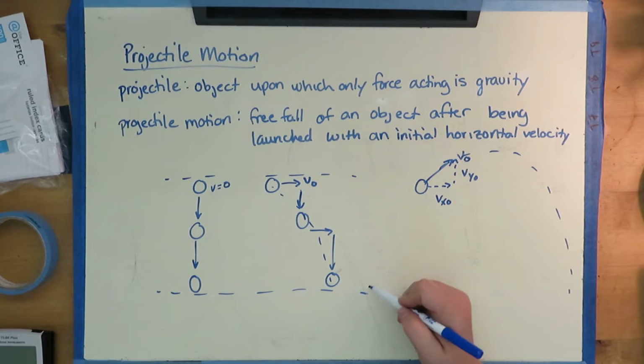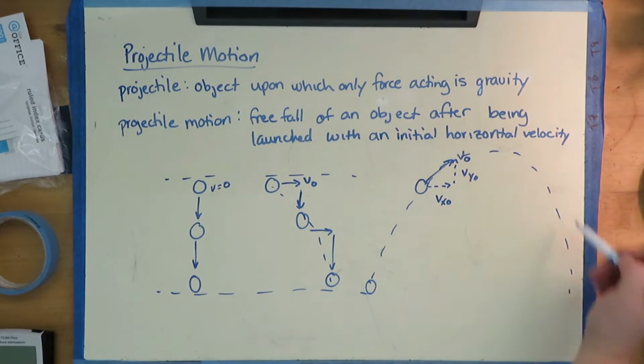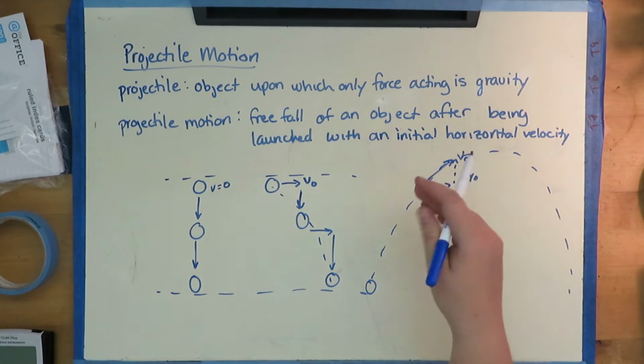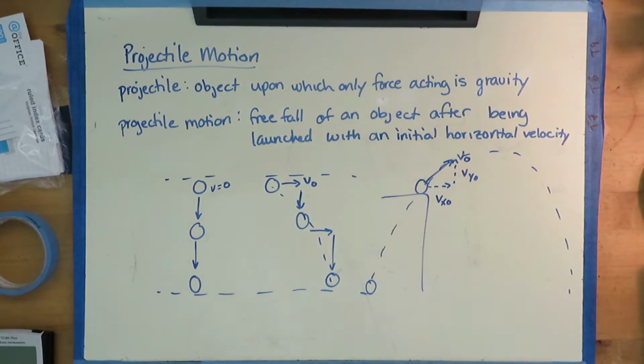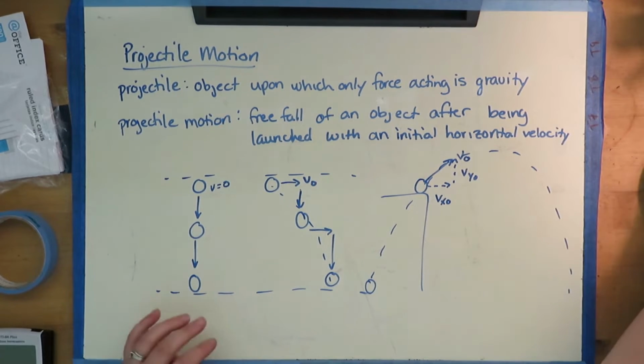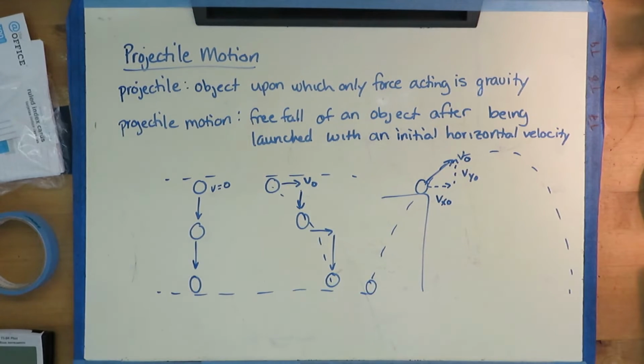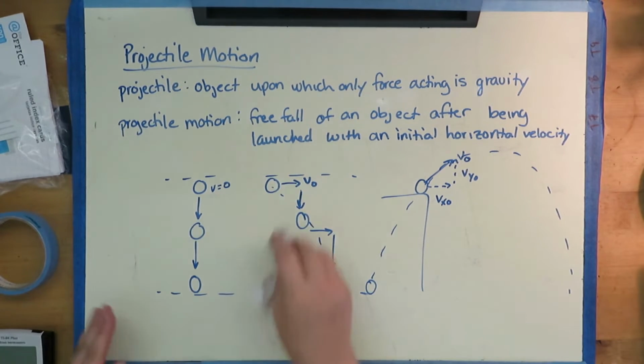I could have objects that start at the ground and go up and come back down. I can have them thrown from a cliff or some height. There's all sorts of different possibilities with this. But what I wanted to look at today is just understanding the mechanics of how this works.